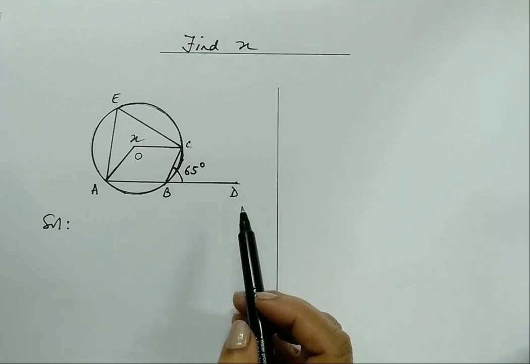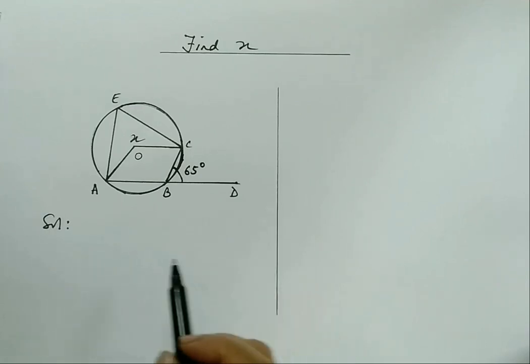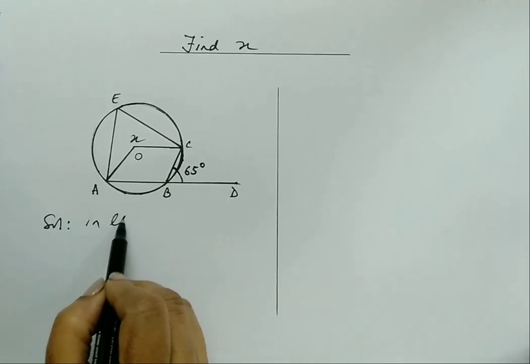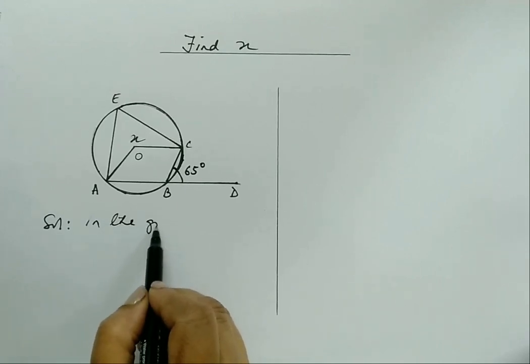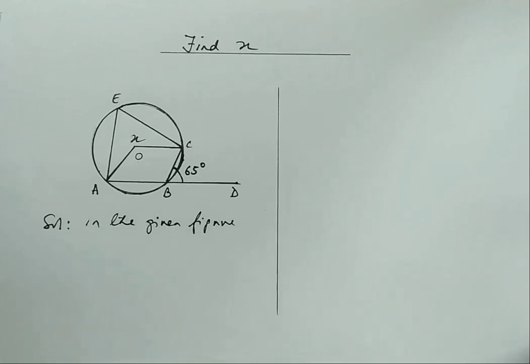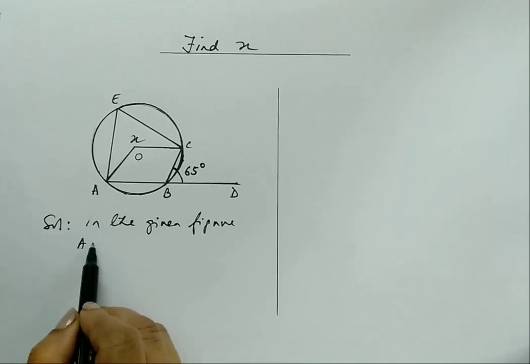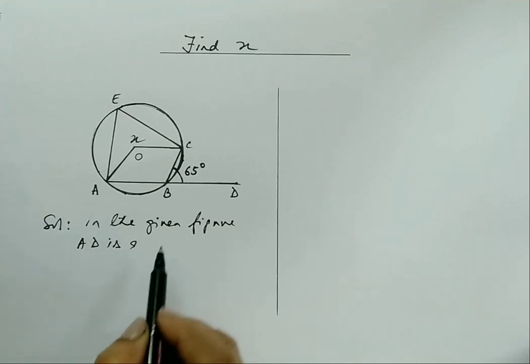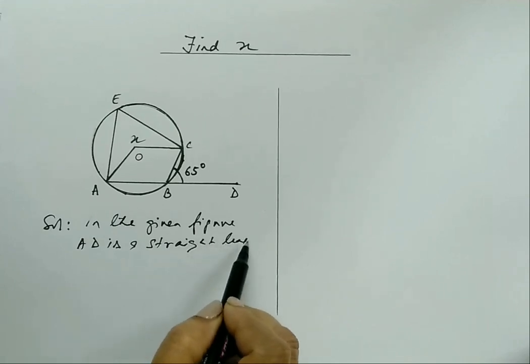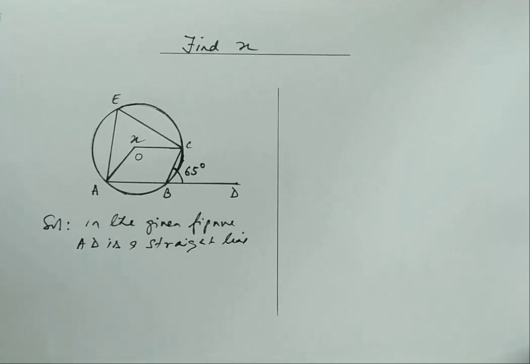Now, if we were to speak about the given, we know that first of all, in the given figure, AD is a straight line. So AD is a straight line, or ABD is a straight line, because B happens to be sitting on AD.